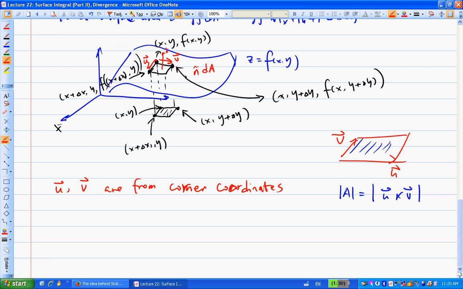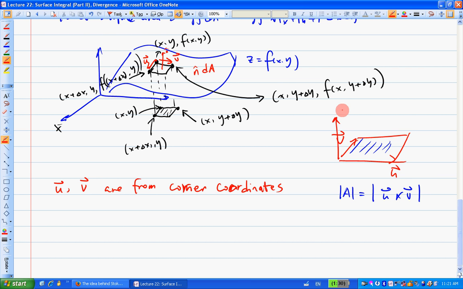Now, here is the parallelogram, and you know the area is given by the magnitude of u cross v. If I want this n hat, then the n hat must be given by the direction of the cross product.